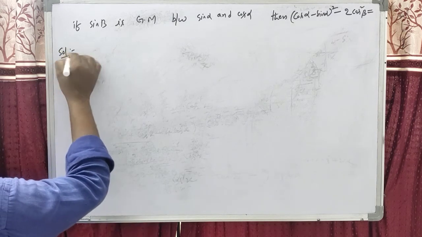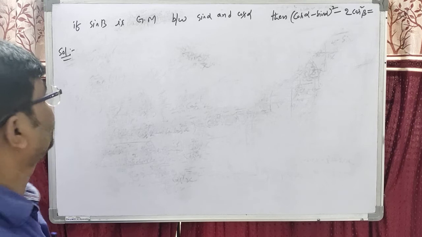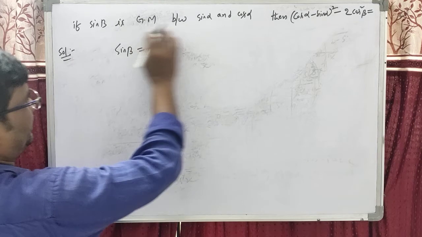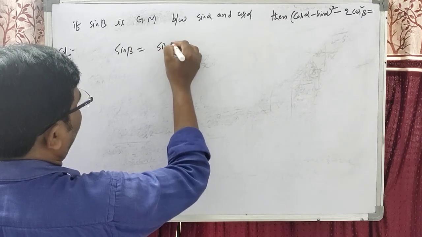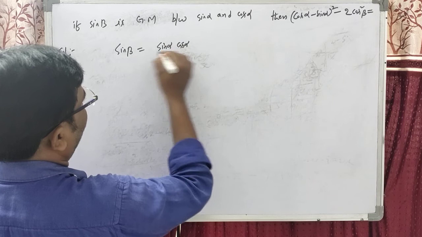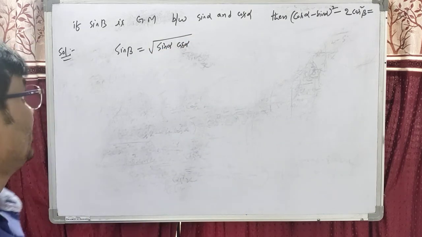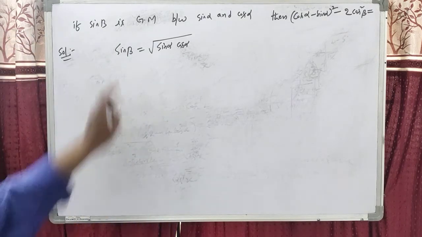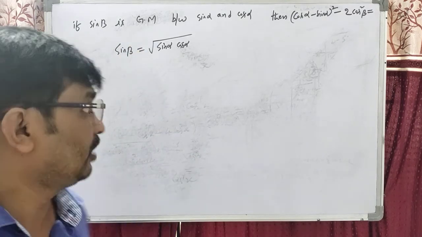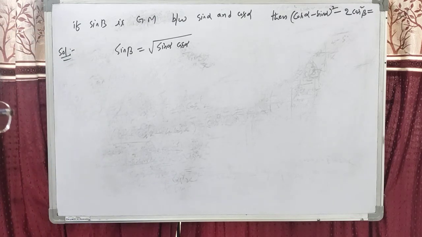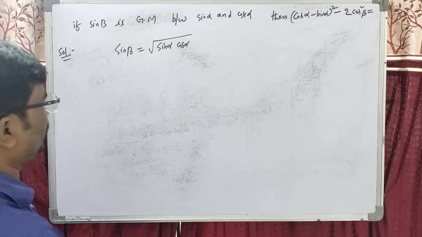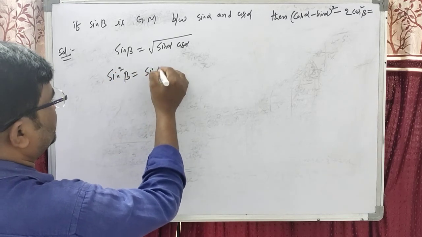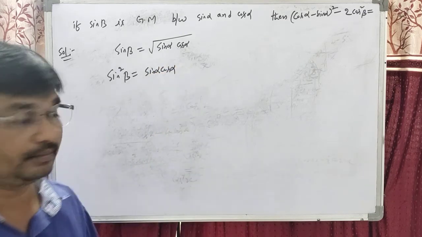Solution. The sin of beta is the geometrical mean of sin alpha and cos alpha. The sin beta is the square root of sin alpha into cos alpha. Now, when you are squaring on both sides, sin square beta equals sin alpha cos alpha.